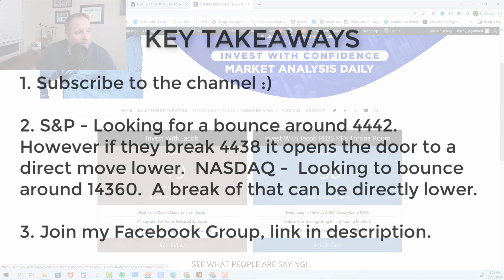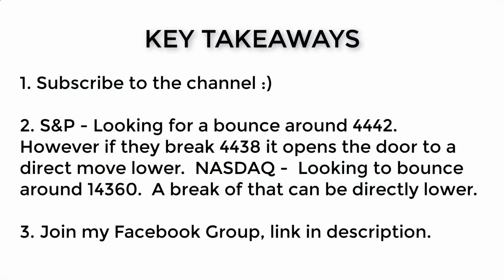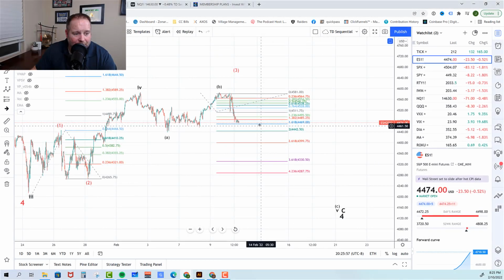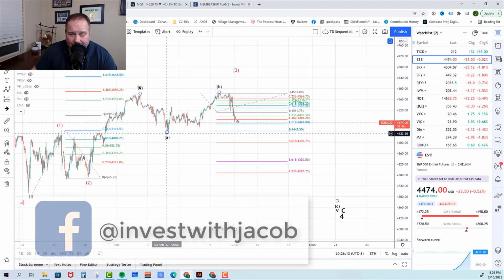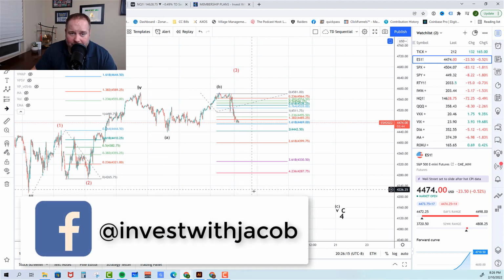Okay, guys, key takeaways for today. For this S&P 500, we're looking for the bears to continue their move down towards this 44.69 to 44.42 level, and then look for a wave 2 bounce there, and then start wave 3 of C down from there. Remember, however, if they do break through this 44.42 level and take out this low, this A wave low right here at 44.38, it does open the door to a more direct move lower.